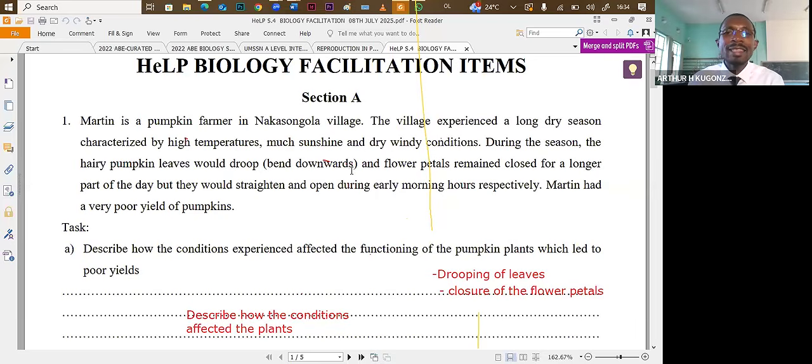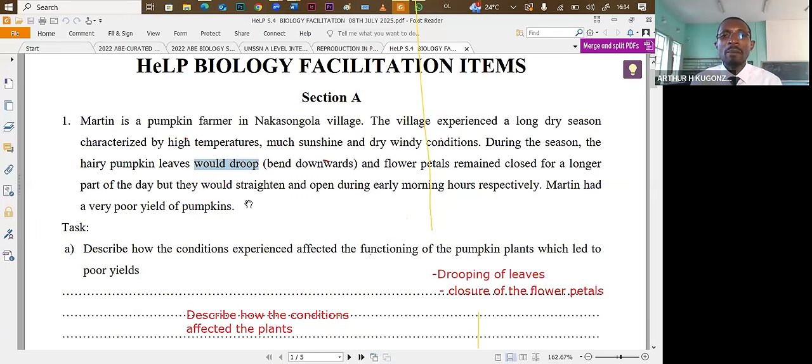And the answer in this case is hidden in the drooping. In school or in class, your teachers must have taught you factors that affect the rate of transpiration, or how plants overcome excessive water loss.